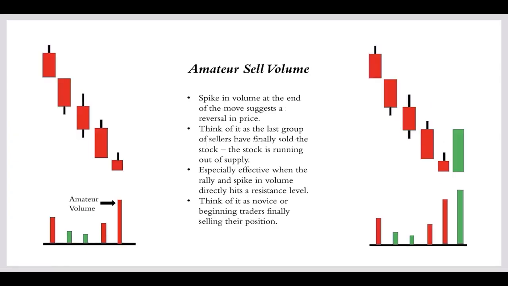So let's continue. We also have amateur sell volume, where let's say we have a multi-red bar move lower, and we start to get that amateur volume. You could see this spike in volume at the end of the move suggests that a reversal might take place, and you could think of this as the last group of sellers who have finally sold their stock or their crypto, and the stock is running out of supply, or the crypto is running out of supply, okay?